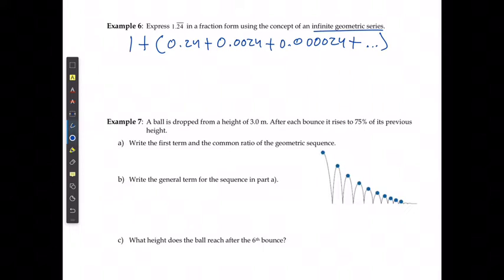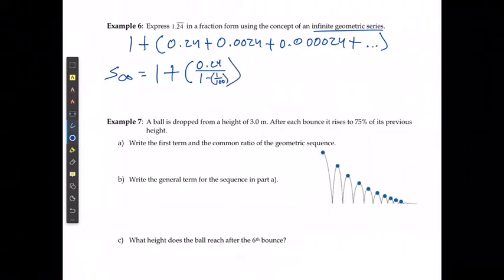Which means that in this case, my infinite sum is going to be an original value of 1 plus my first term, 0.24, over 1 minus 1 over 100, because it's getting reduced by 1 over 100 every single time.